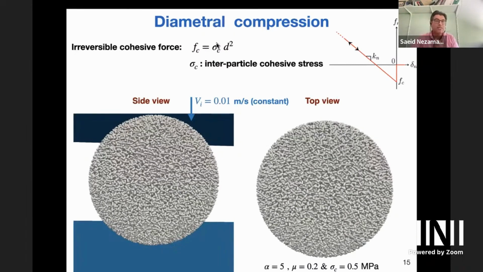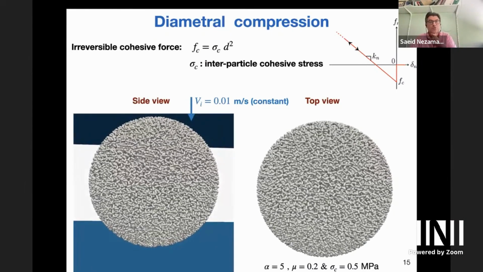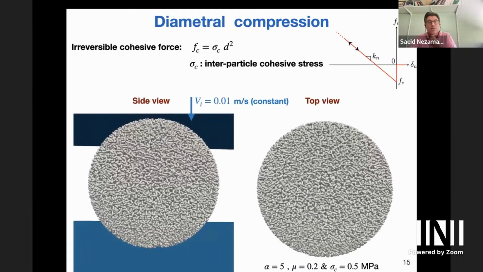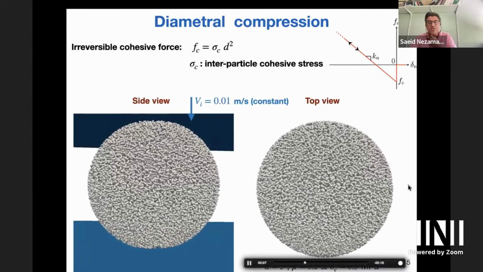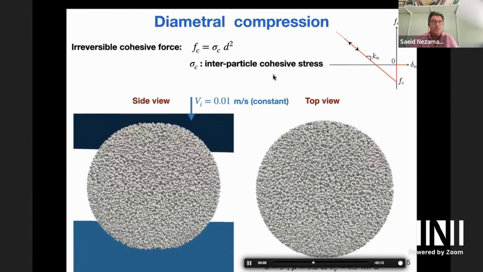So a contact can exist up to a tensile strength equal to Fc. We also added a coefficient of friction of mu equal to 2. For example, we take sigma c equal to 0.5 megapascal.